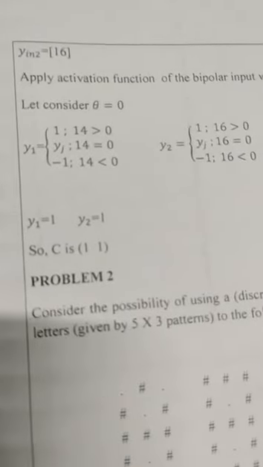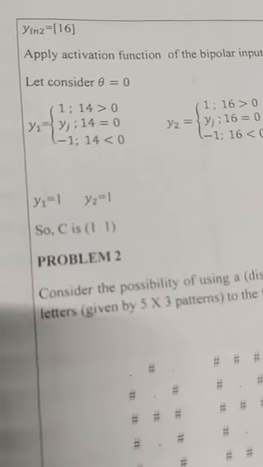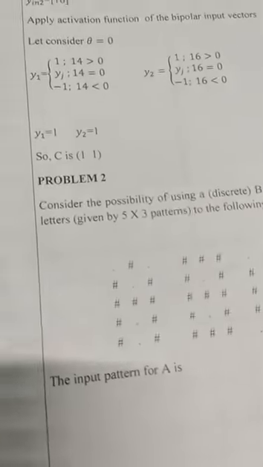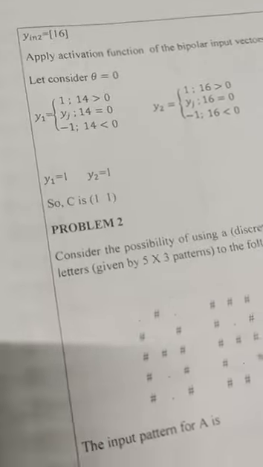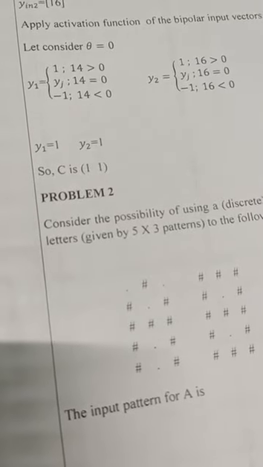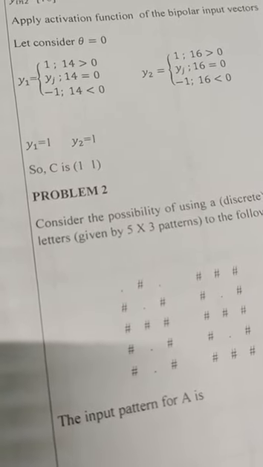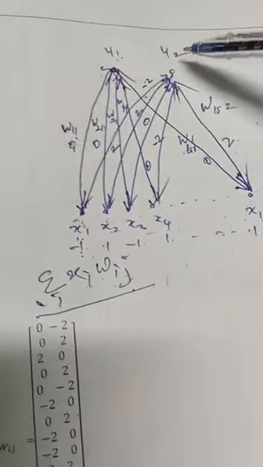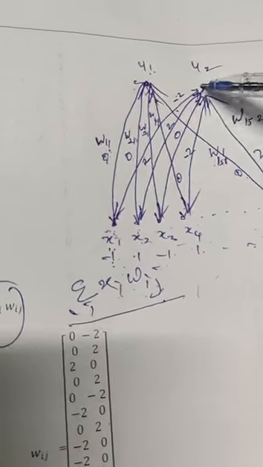Then we have to apply the activation function, then calculate the output. It comes as 1 and 1. So now you are getting 1 and 1 for the applied character C. In this case we have applied input at the X layer, and we have calculated the target at the Y layer.